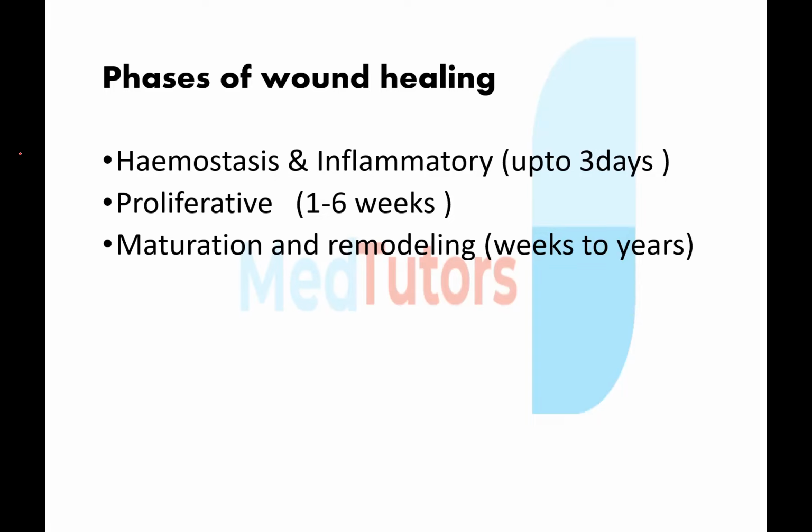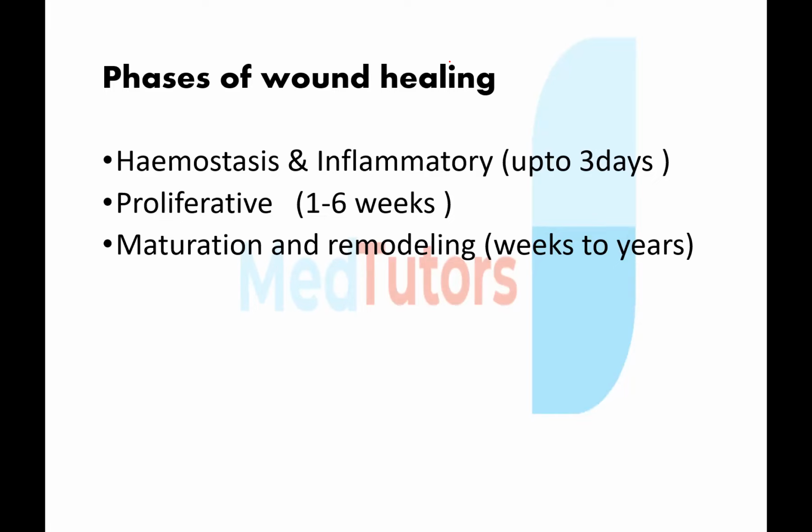So, hemostasis and inflammation, or the inflammatory phase, you have the proliferative phase, then the maturation and remodeling phase. The proliferative phase is the phase of tissue regeneration, and it takes about 1 to 6 weeks.